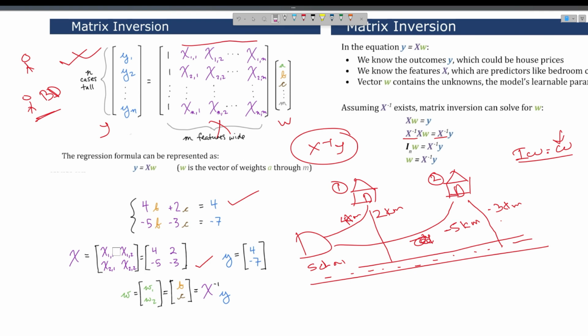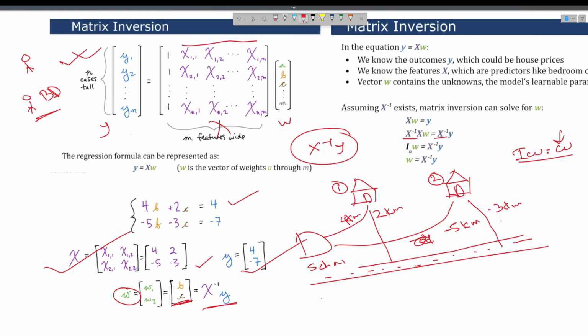Just understand, so we have 4, 2, minus 5, minus 3. So we just create a matrix here, 4, 2, minus 5, minus 3, and that creates an x matrix. Great. And then these two create another matrix which is y. Great. And then we know w, which will have the constants b and c, should be equal to this x inverse y.